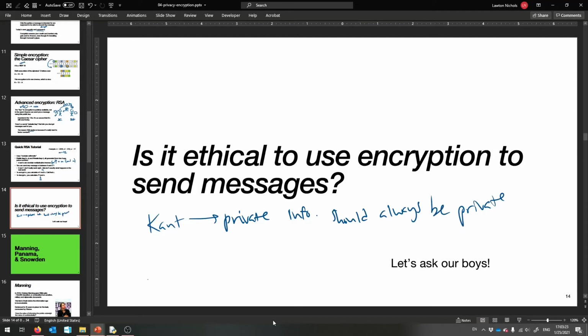And then Mill would be like, okay, let's weigh these options. Privacy is a good thing. I think most people like that. You could argue that, okay, privacy is good, so therefore we should be able to use encryption. Or maybe you have terrorists sending each other messages, and if it's encrypted, we could never understand what they're saying.